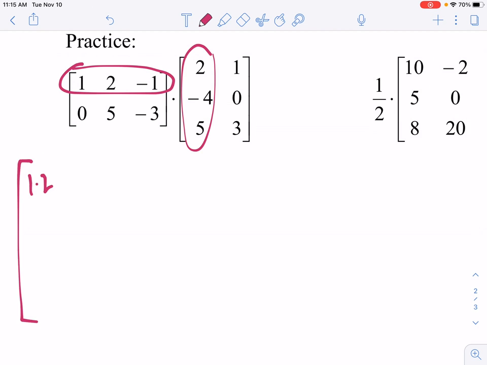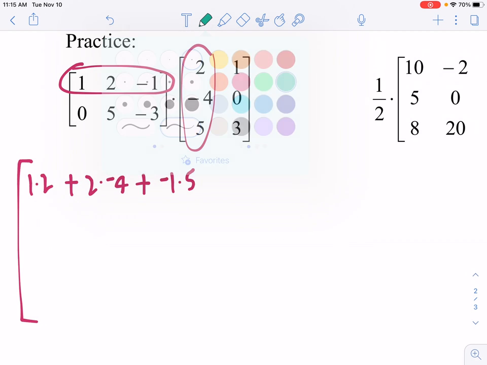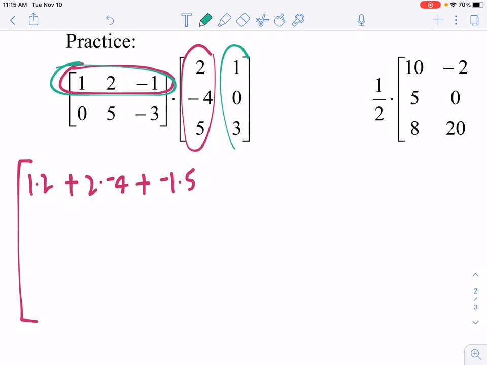1 times 2 plus 2 times negative 4 plus negative 1 times 5. This second one's going to be this times this. So 1 times 1 plus 2 times 0 plus negative 1 times 3.